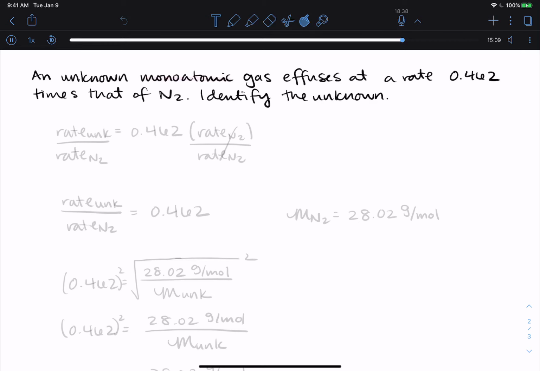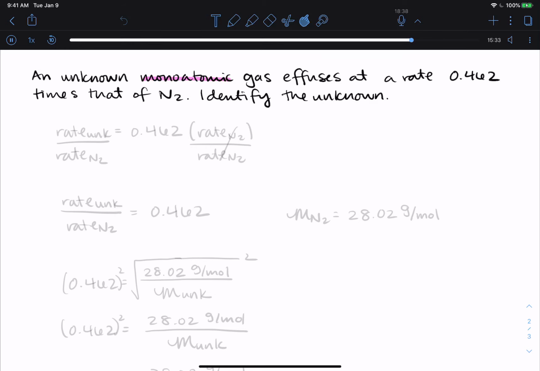And then since it's monoatomic, right, this part here is really key to our ability to solve the problem. Once we find the molar mass, we just have to go look in the periodic table.